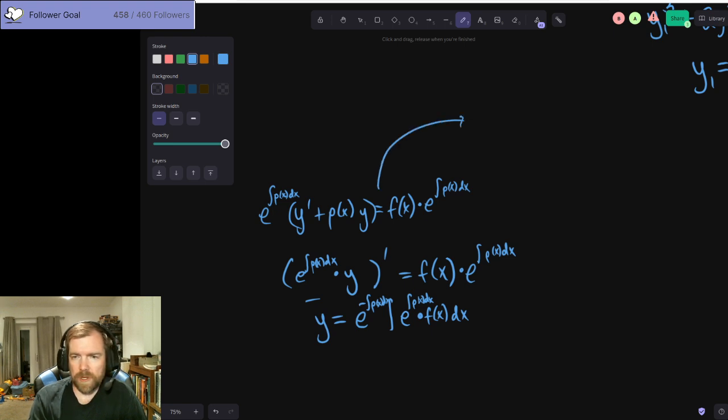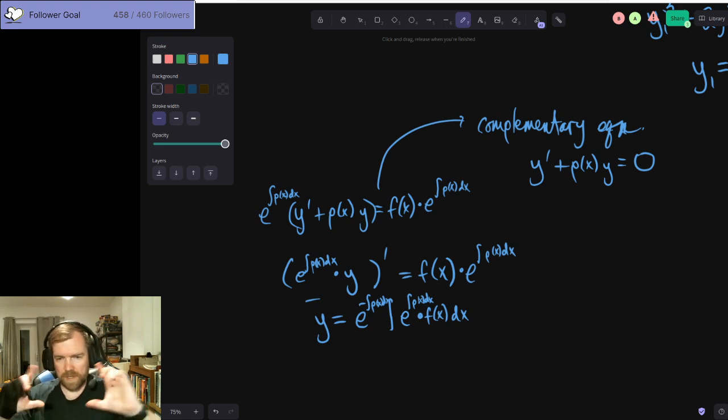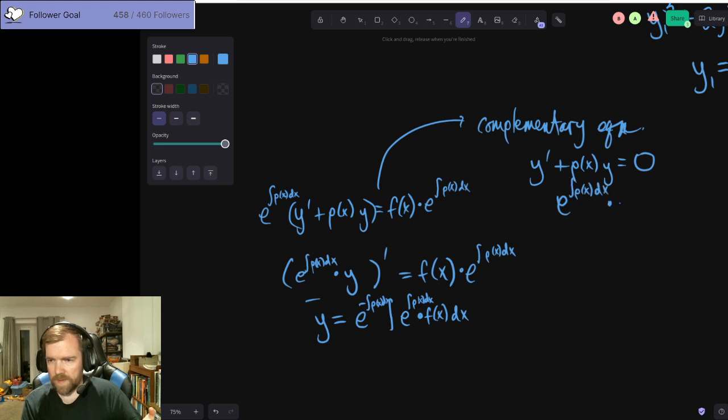Right, so it's saying that the complementary equation was going to be y prime plus p of x y equals 0. So all this stuff, the same stuff applies. It's e to the integral, gets multiplied to all terms. It becomes the derivative of the product rule. And so e to the integral of p of x dx times y is going to be equal to c, some constant.